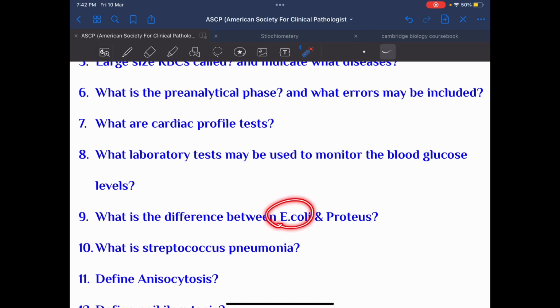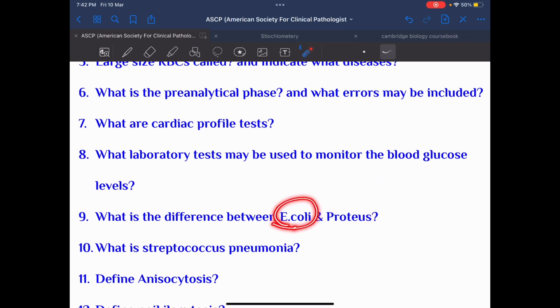But E. coli is lactose fermenter, while Proteus is non-lactose fermenter.